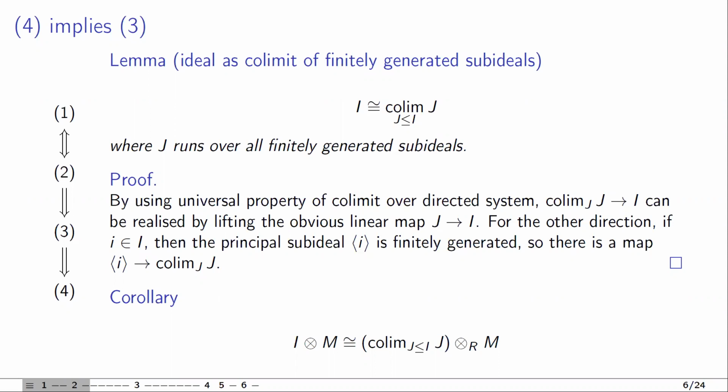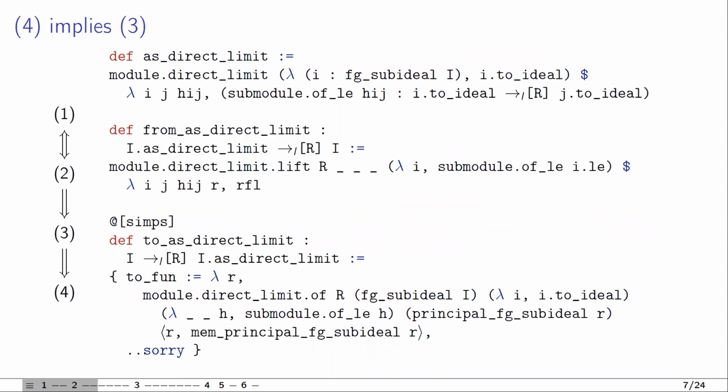So the corollary here is that I tensoring with M can be realized as a colimit tensoring M. It's not really a corollary because it's actually a definition, but yeah, this is the implementation.